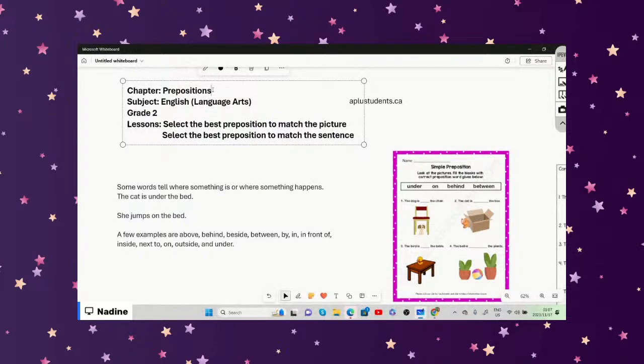And the lessons that we are focusing on under the chapter of prepositions are to select the best preposition to match the picture, as well as to select the best preposition to match the sentence.